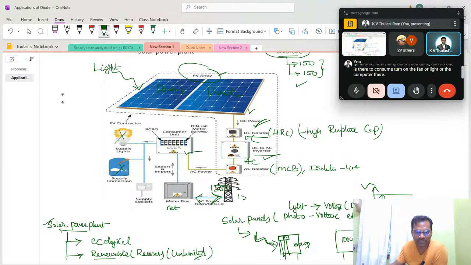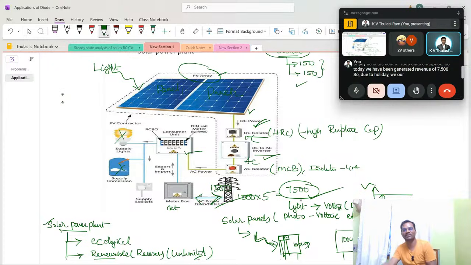Therefore, a total of 1500 units of power has been exported to the government, and they are going to pay us for 1500 units at a price of 5 rupees. So today we have generated a revenue of 7500 rupees. Due to the holiday, our campus has benefited by 7,500 rupees.